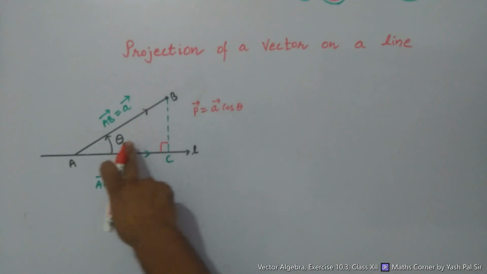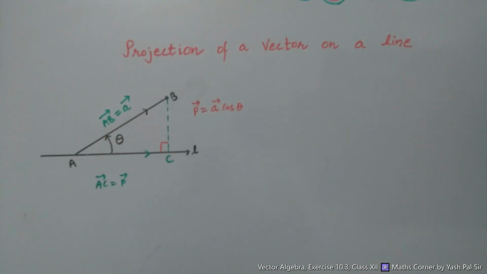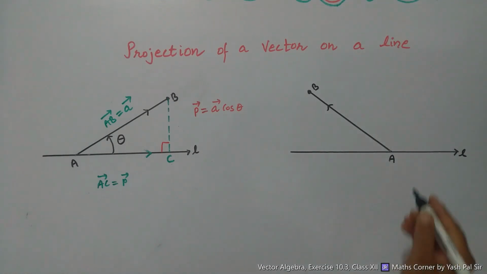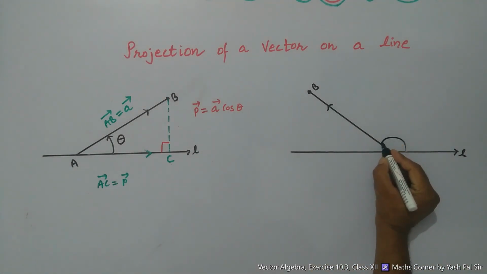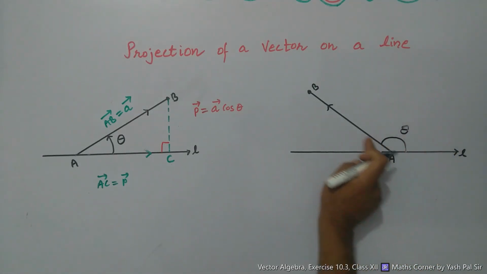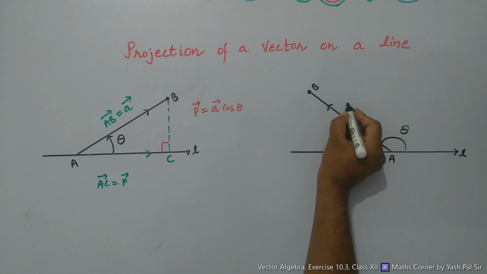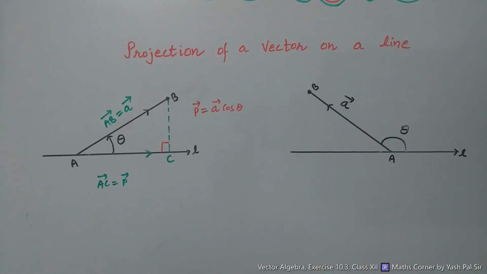This is the way how we can find the projection of the given vector on the given line. Now if angle theta is obtuse, this is angle theta and this is the given vector AB, which is named as vector A. Now again we draw a perpendicular here.